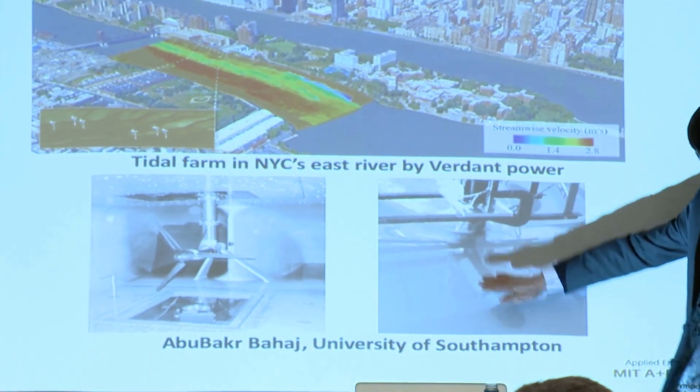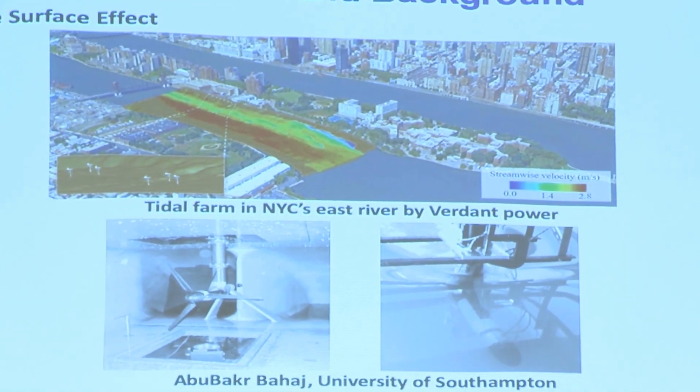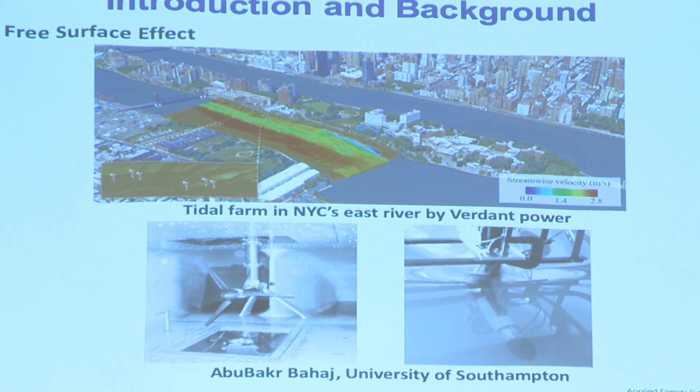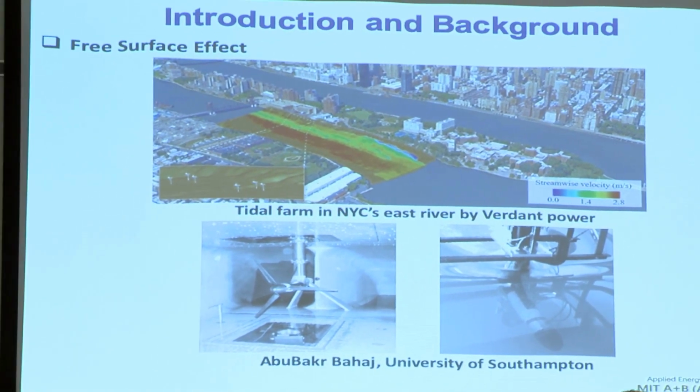But you will see most of the numerical effort for tidal energy still focuses on pure hydrodynamic simulation without considering the effect of free surface, although many experiments like this one already indicate that the free surface effect can significantly change the tidal turbine performance. So we feel we need to do something.